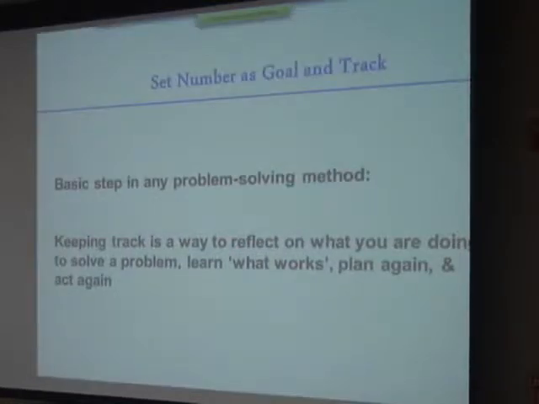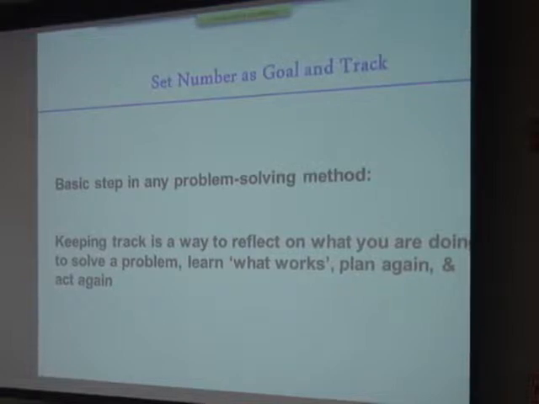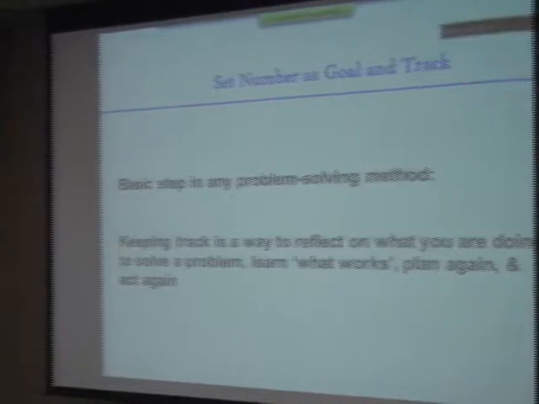We did the exercise. This is just a basic step in any problem-solving method. Weight Watchers uses it. The United Way uses it. You have to set goals as numbers and then see if you're getting there. And then if you're not getting there, it gives you information on how to either reset your goal or plan again or reset your resources.